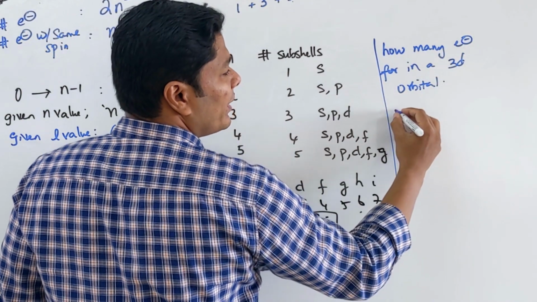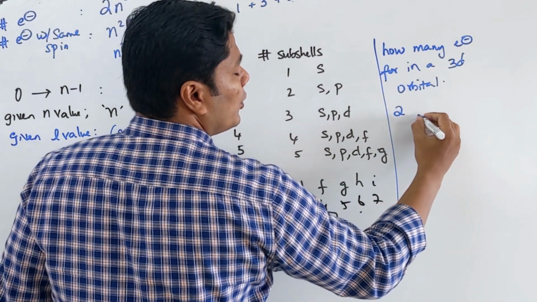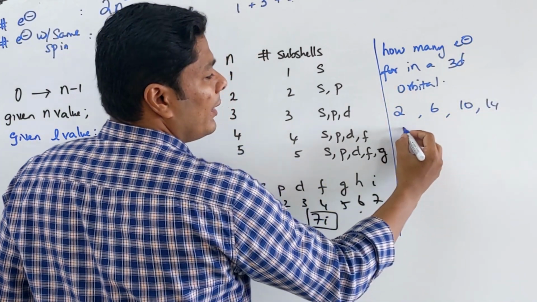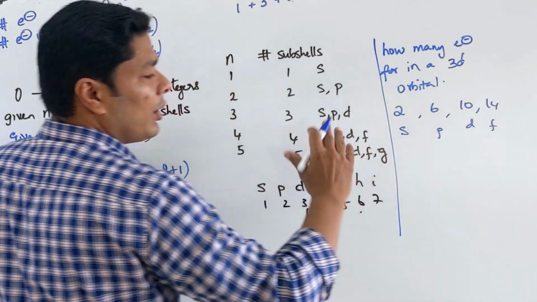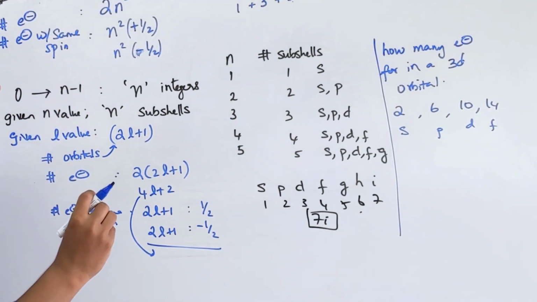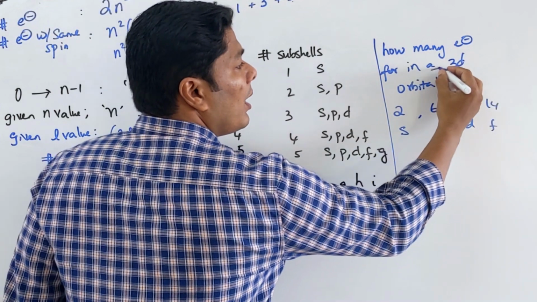Normally the answers would be given as 2, 6, 10, 14, meaning S, P, D, F correlate பண்ற மாதிரி. But most of the students got it wrong because they asked you how many electrons in a 3D orbital.